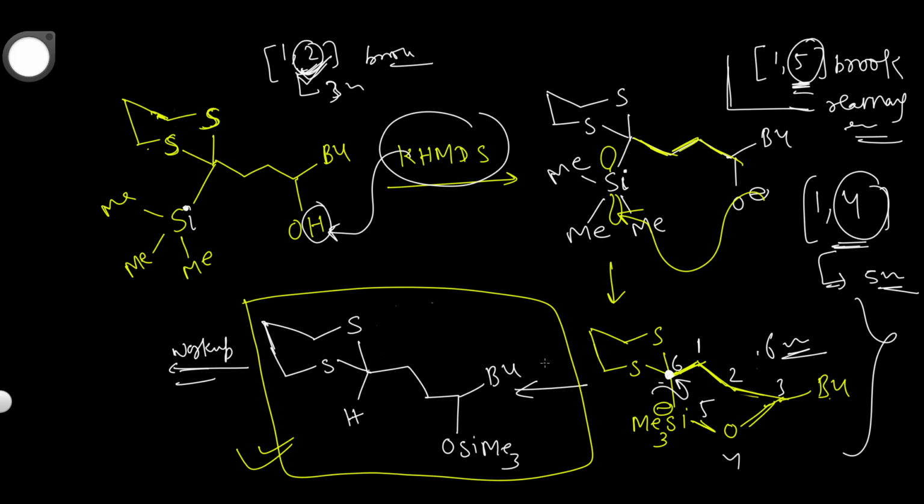So this reaction is which type of rearrangement? Suppose I have given you a question and I ask you, okay, tell me in all these options which is the 1,4 Brook rearrangement. So how can you identify?